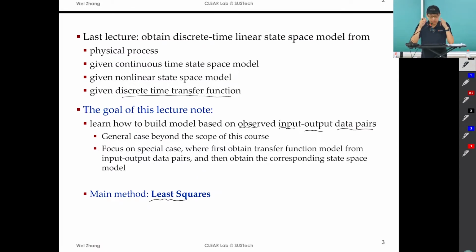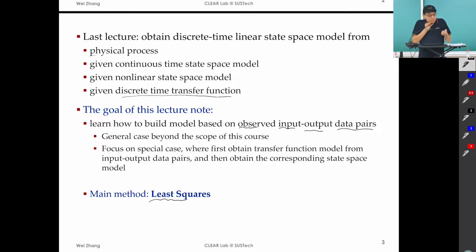So the previous lecture, lecture note 2, is how to derive system model, state space model from first principle, from physics, and then do the things analytically. Now, this lecture, we're trying to see how do we build or develop system models from data.